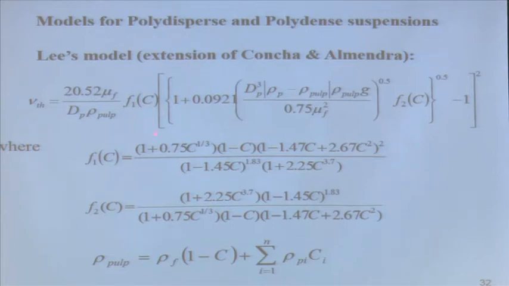So, this is basically a function of that, and what correction he has incorporated, this Mr. Lee or say Dr. Lee, is that instead of using rho f, the fluid density, he has suggested that you use the pulp density, that is the slurry density.